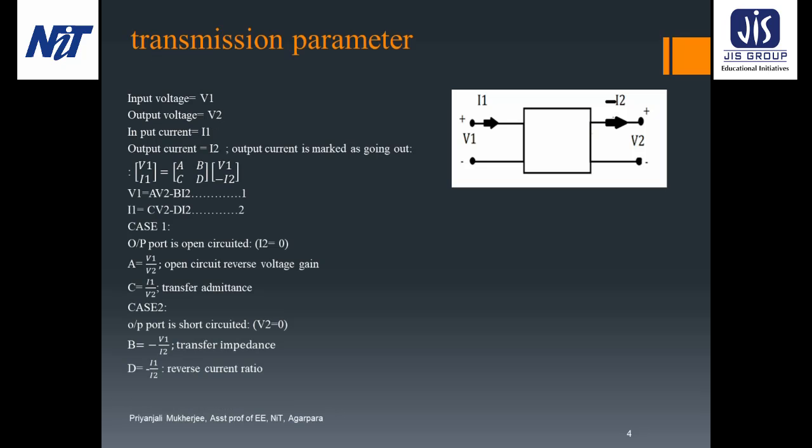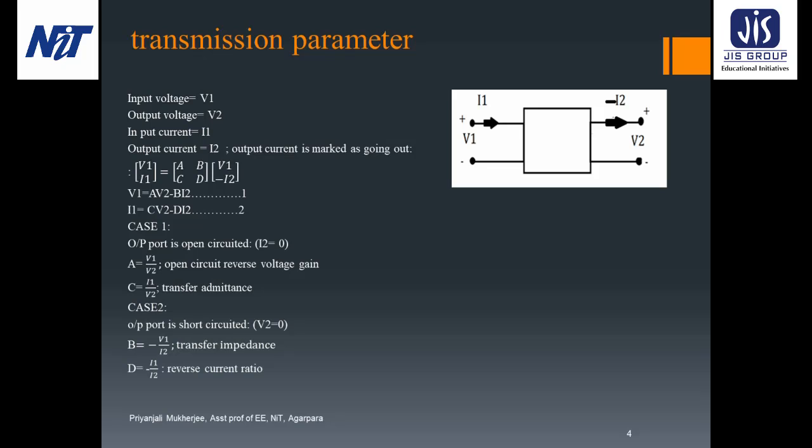So first, start with the transmission parameter. This representation is widely used in power transmission and it is also called the transmission parameter or the circuit parameters. It is also represented by ABCD parameters, which represent the relation between the input quantities and the output quantities in the two-port network.